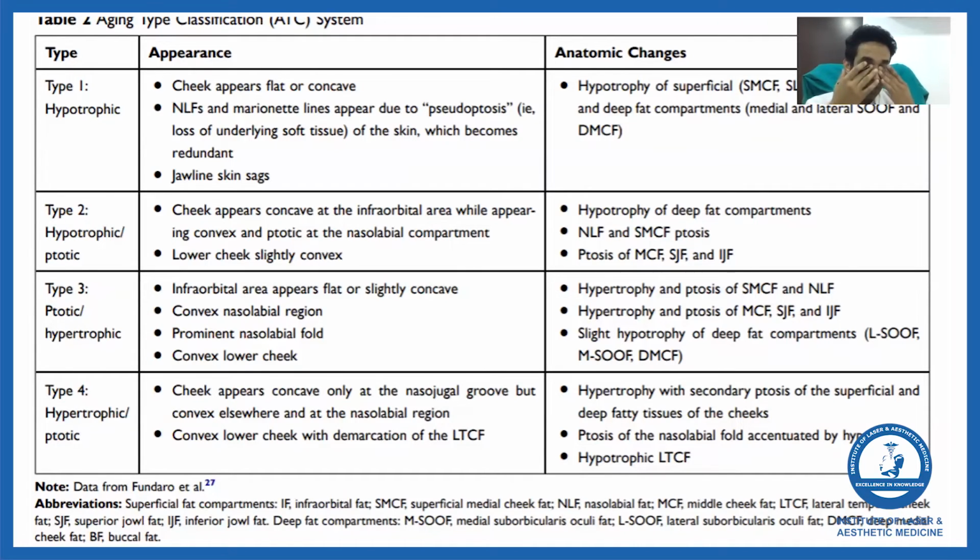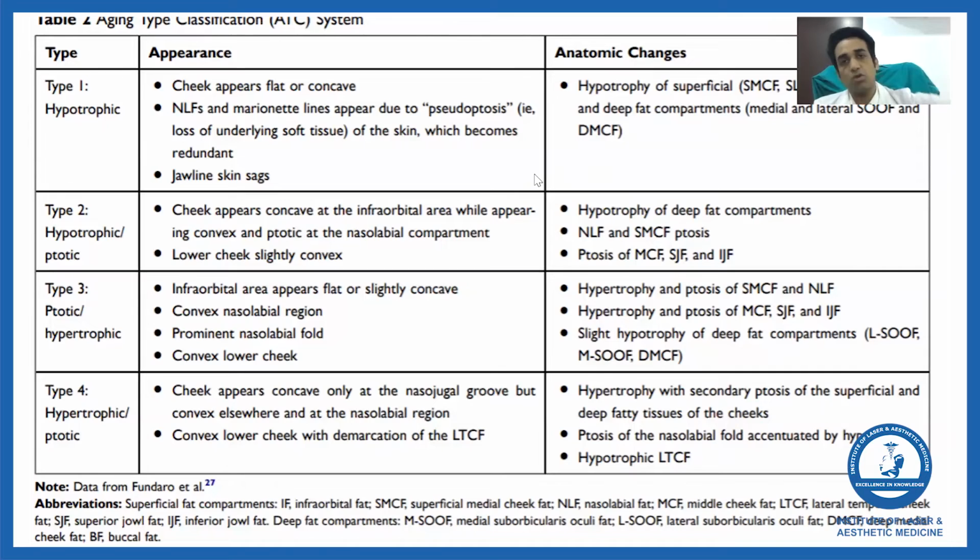You will see there are marionette lines, or the cheek is appearing very flat or concave, or the jawline is sagging. And the next stage is also very transitional, wherein the infraorbital area is also having a compartment. There is a little bit of ptosis here and there.